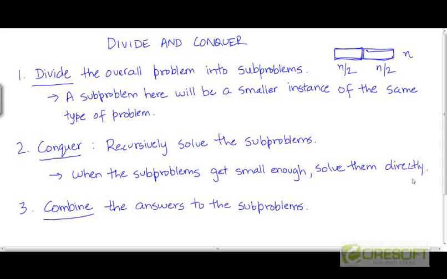For example, in case of merge sort, when we bottom out the recursion to end up with a subproblem of size 1, then we don't need to divide that subproblem further. We can directly solve for that subproblem. And we don't really have to do anything there because an array of size 1 is by default already sorted. So that's where the recursion bottomed out for merge sort.